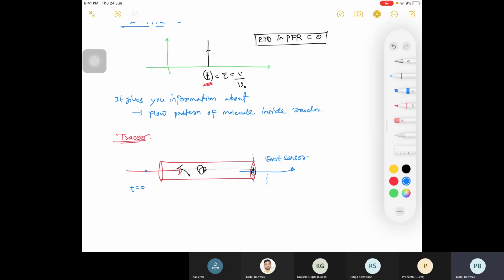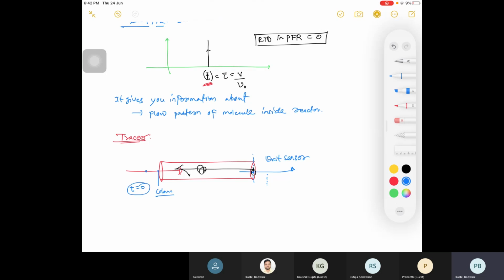The simplest one will be to put color or pigment. Suppose this was your water going inside, or some reactant is there. Along with that, suppose you are putting in color. What will happen? At the inlet, it is colorless.